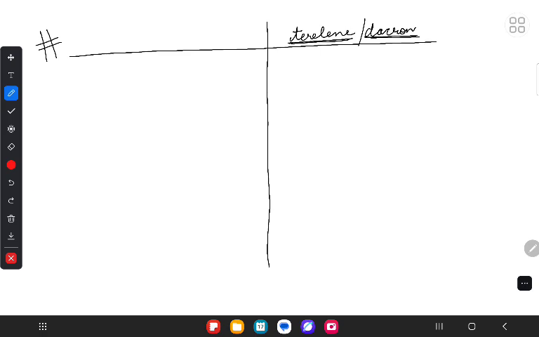Understood? Yes or no? So it is basically a kind of polyester. Got the point?